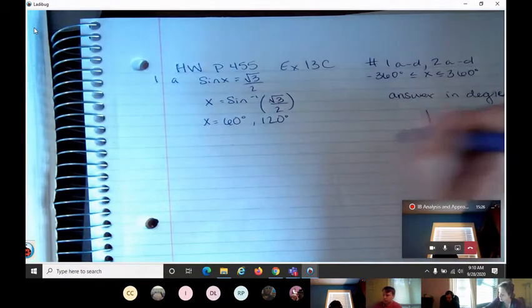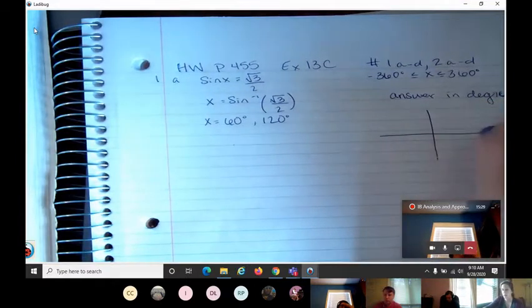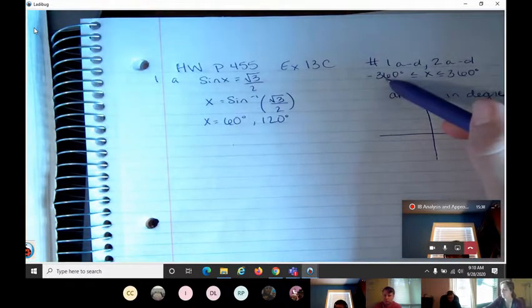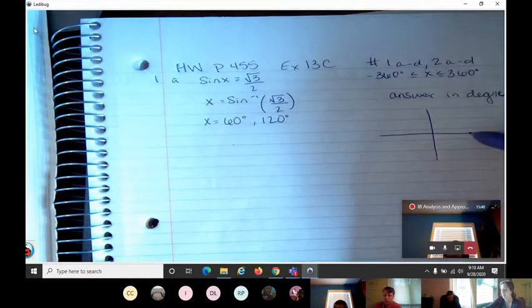So here is our axes for our unit circle, okay? We're starting at negative 360. Positive angle measures go in the counterclockwise direction, correct? Yeah. Okay, clockwise is going to be negative angle measures.